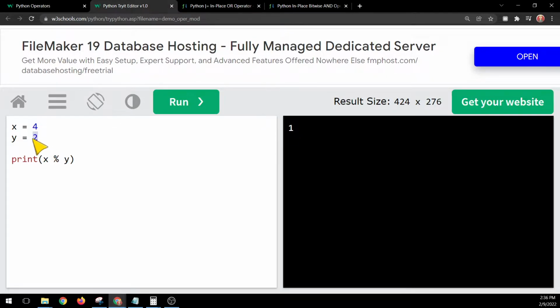Twice. And what's the remainder? There's 0 remainder here, so the result of this should be 0. If you have any questions about this, just research modulus and you'll understand better. But it's just the remainder after a division, the remaining value after a division.